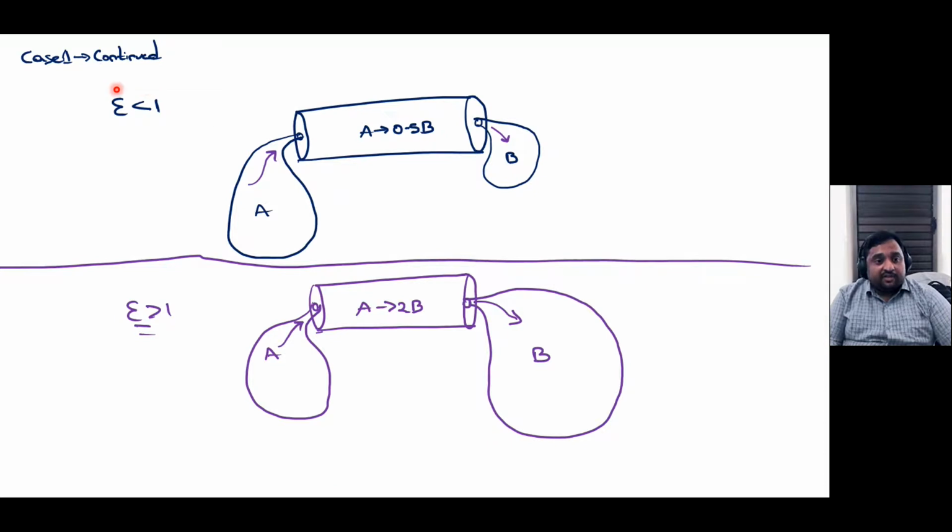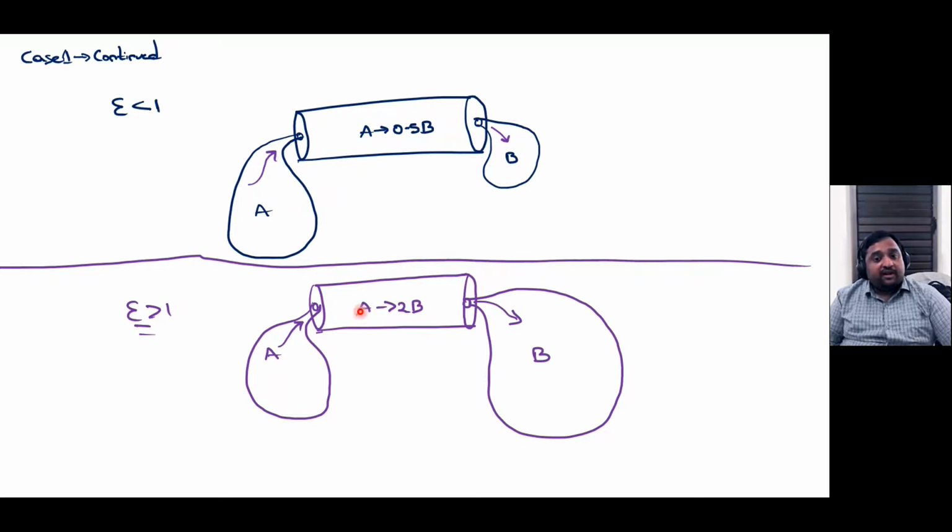In the case where epsilon is less than 1, that means A gives rise to 0.5 B, what I'm going to observe is that I pump in more A, and at the end less B comes out of the reactor. You can see the reduction in volume takes place because 1 mole gives 0.5 mole. Similarly, in cases where epsilon is greater than 1, you are going to pump A into the reactor.